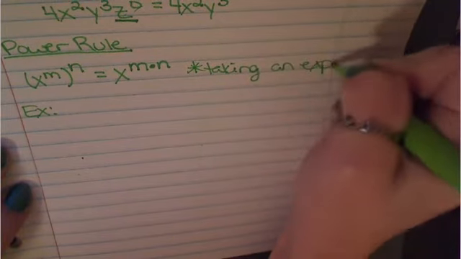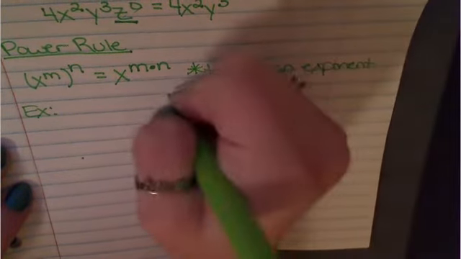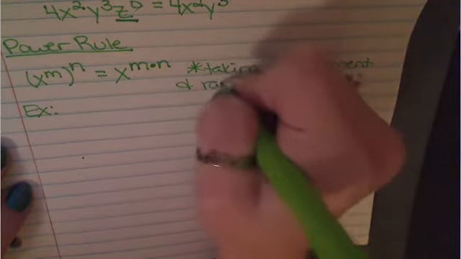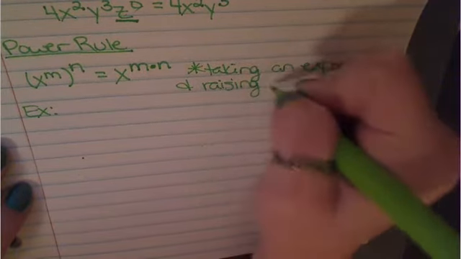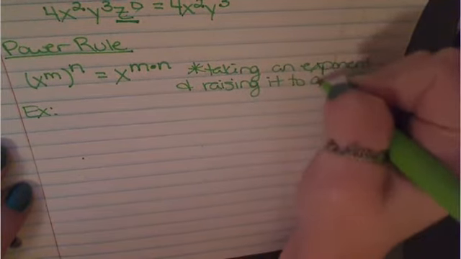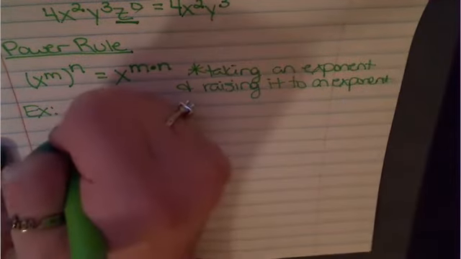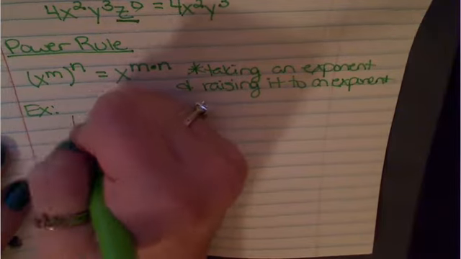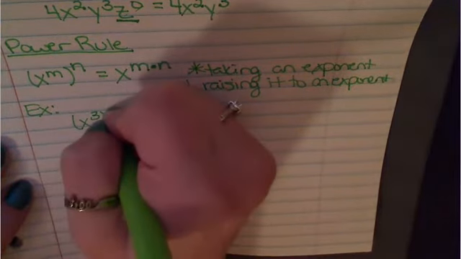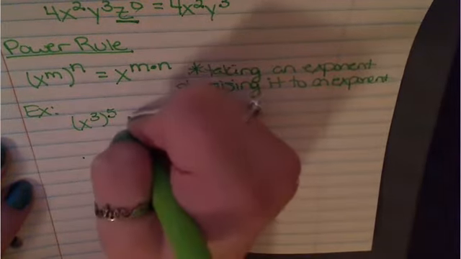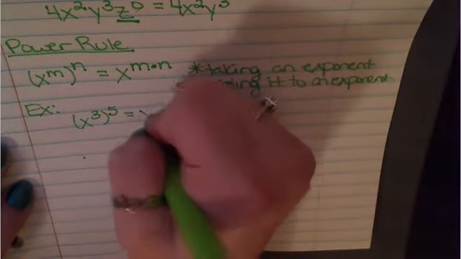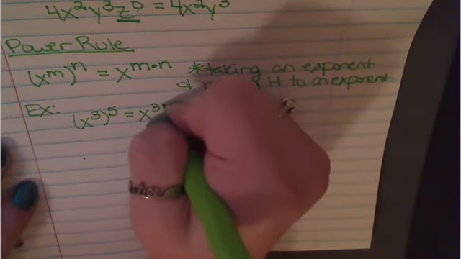So our example, we have x to the third and we're going to raise that to the fifth. By our power rule, that means we have x to the third times 5, which equals x to the 15th power.